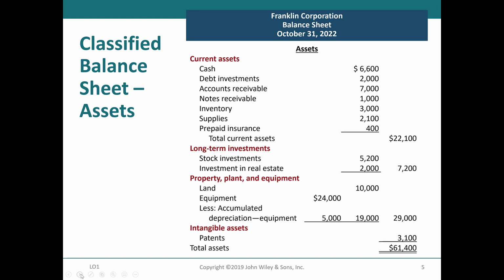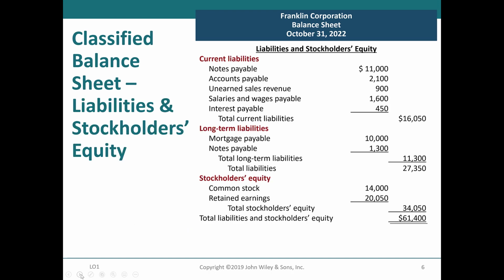61,400. How many of us remember the accounting equation we talked about last class? The one I told you to put under your pillow or up above you when you wake up in the morning. That's the first thing you see. It's something that you want to keep and have a deep understanding of. That the assets will always equal your liabilities plus stockholders' equity.